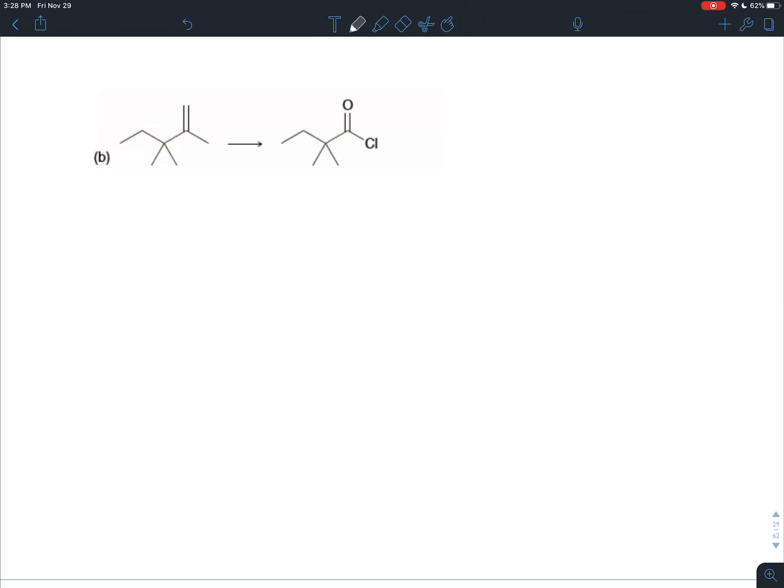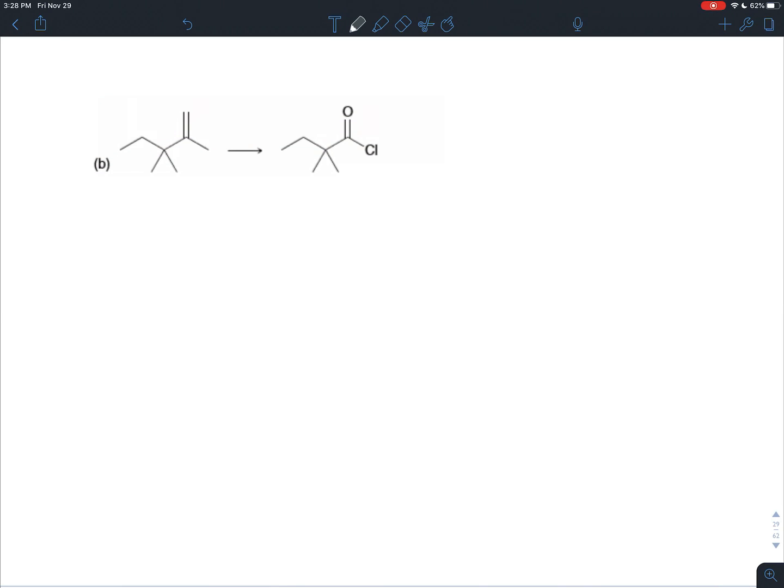With B, you look at this, and one big thing that I see is, first of all, there's a carbon here, and that is sawed off and replaced with an oxygen. How do you break a double bond between carbons and replace it with an oxygen? That recipe you would have learned in the alkene chapter of Organic Chemistry 1.